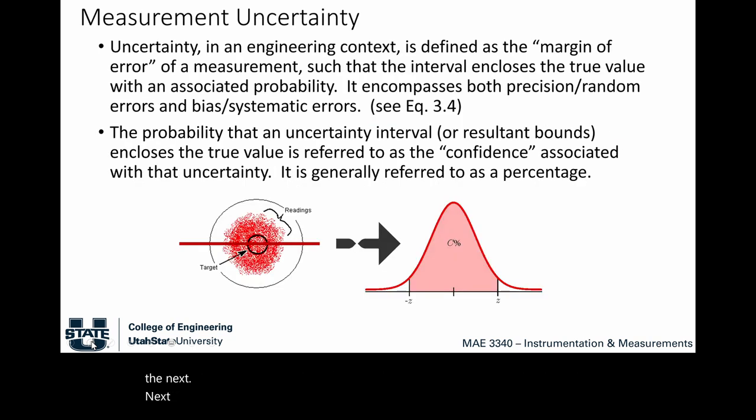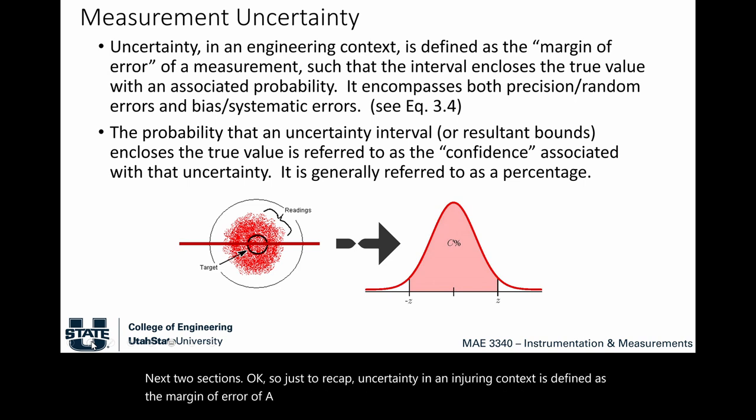Okay, so just to recap, uncertainty in an engineering context is defined as the margin of error of a measurement, such that an interval encloses the true value with an associated probability. So we're saying the true value, the thing that we're trying to measure, is going to fall within these intervals.